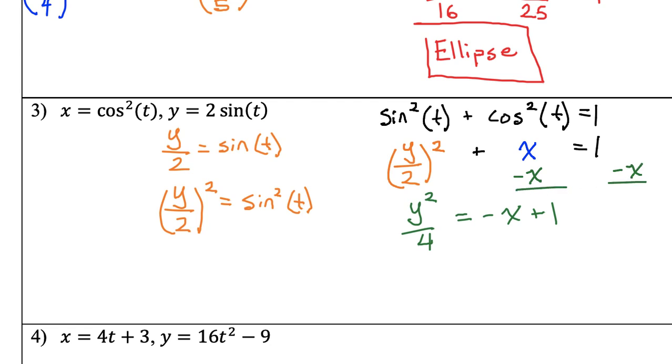Next step is to multiply everything by 4 and then take the square root of it. So this is going to be multiplying by 4 on both sides. Again, I'm going to put parentheses around this because I have to distribute this 4 into each of these terms. These 4's cancel out, and I'm left with y squared is equal to negative 4x plus 4.